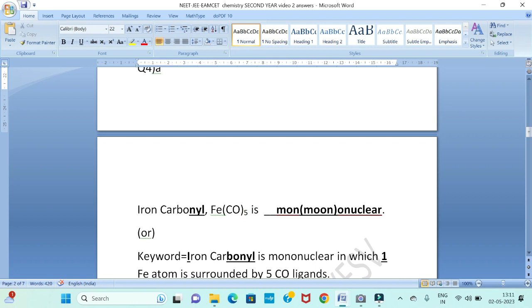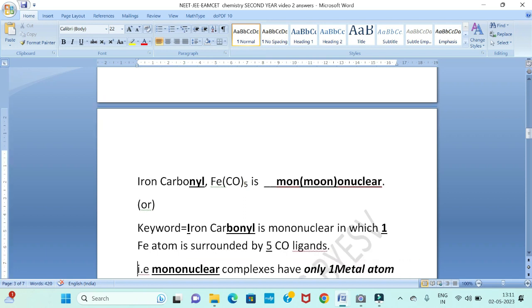In another way, iron carbonyl is a mononuclear in which one ferrous atom is surrounded by 5 CO ligands. So ferrous is one atom, the first element is only one atom, and one means mononuclear.